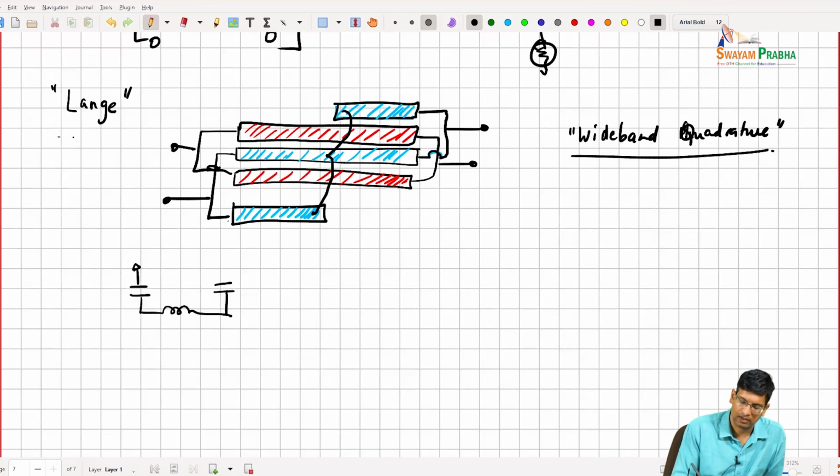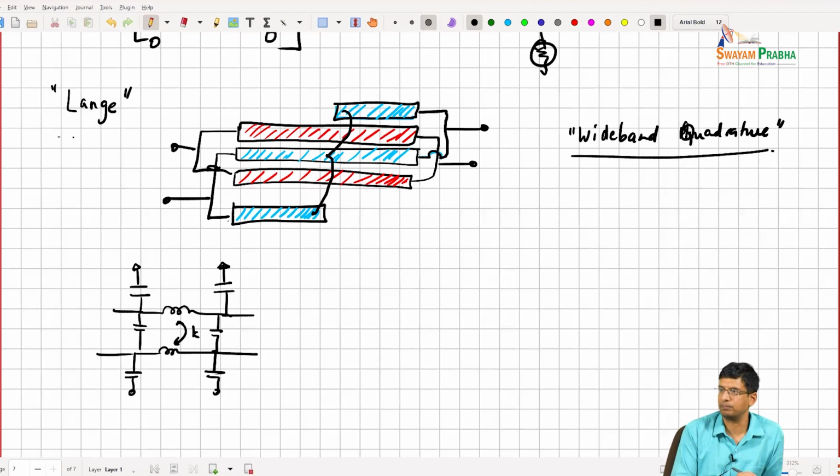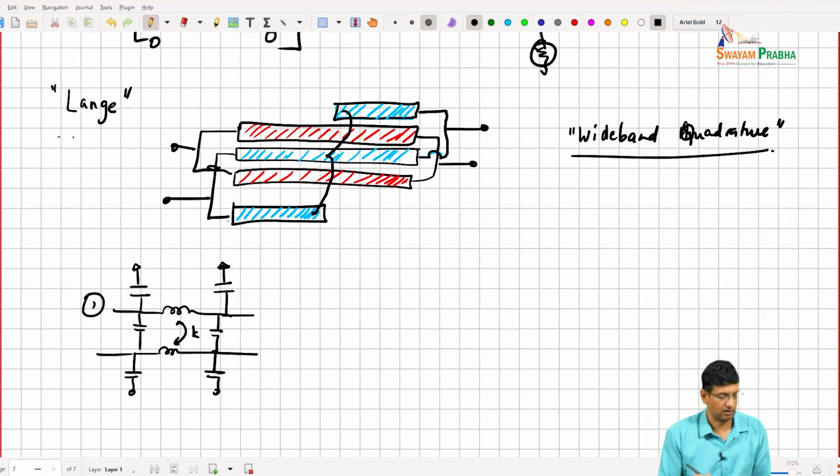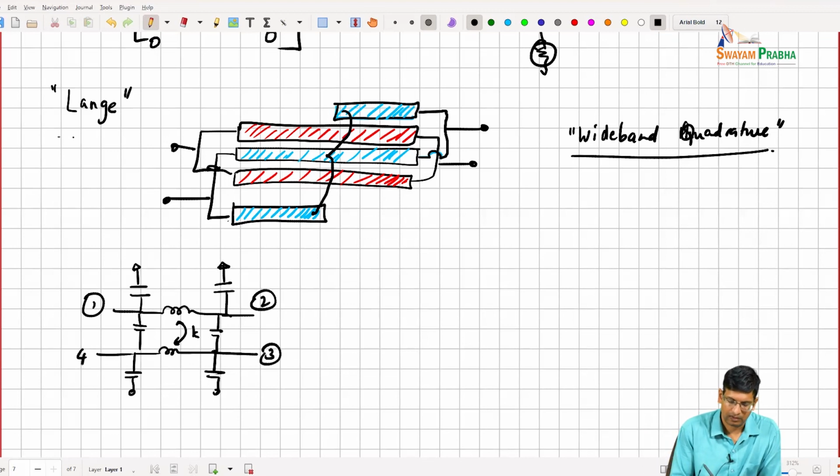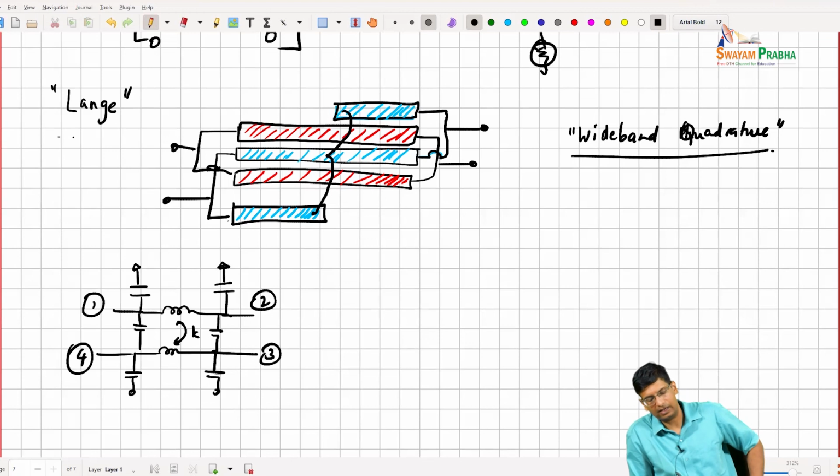So you build sections that are like so, and then you have a magnetic coupling between them, and you can have an electric coupling between them as well. And with this kind of approach, you are effectively building those kind of coupled circuits, and you can again have couplers that give you quadrature, and even power splits.